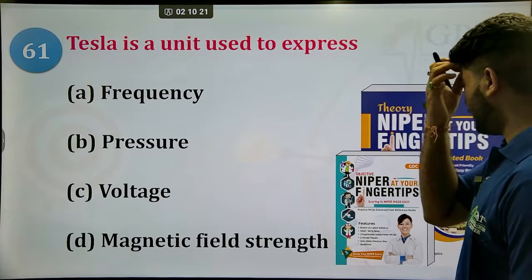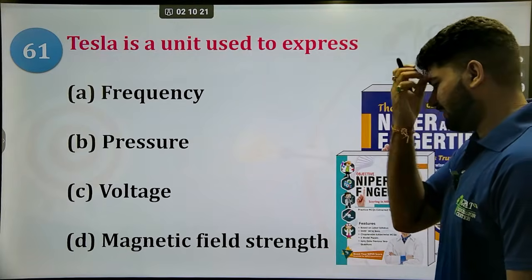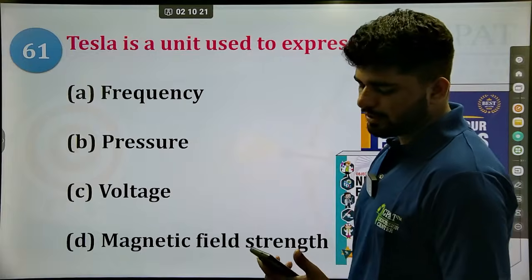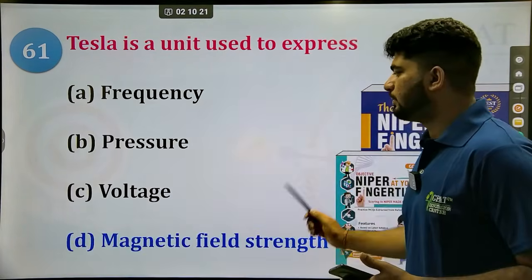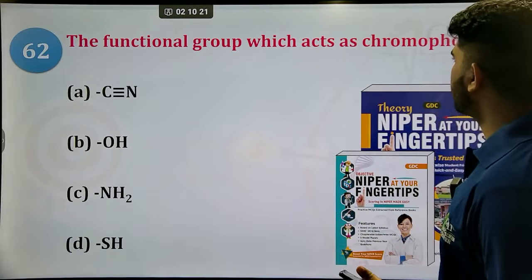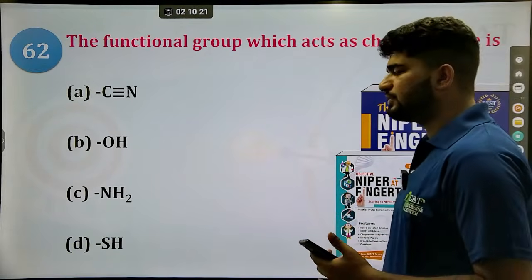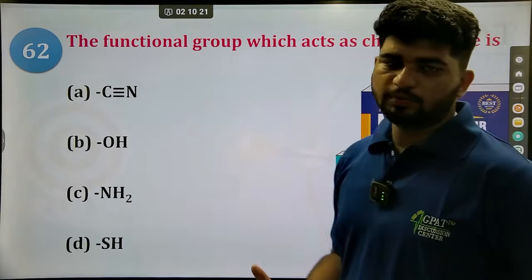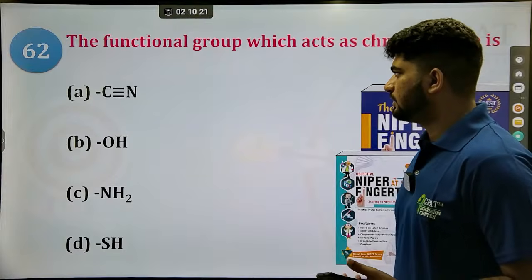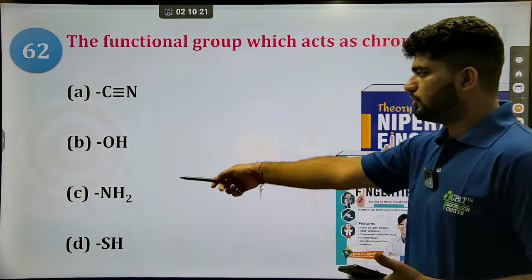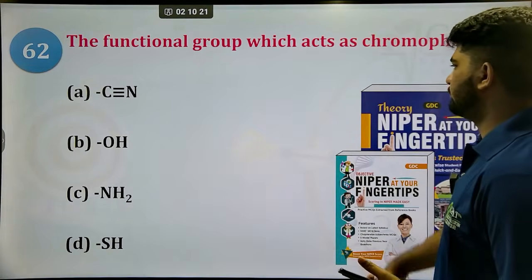Tesla is a unit to express what? Frequency, pressure, voltage, or magnetic field? Magnetic field, that's your Tesla. Okay, remember. The functional group which acts as chromophore, which gives the absorbance, which is going to increase the absorbance. Is it your cyano group, hydroxy group, amino group, or sulfhydryl group?